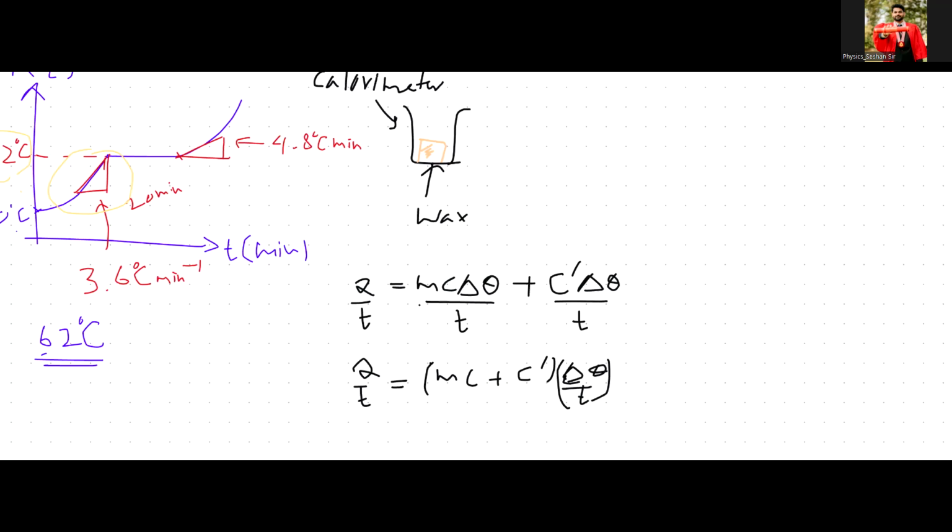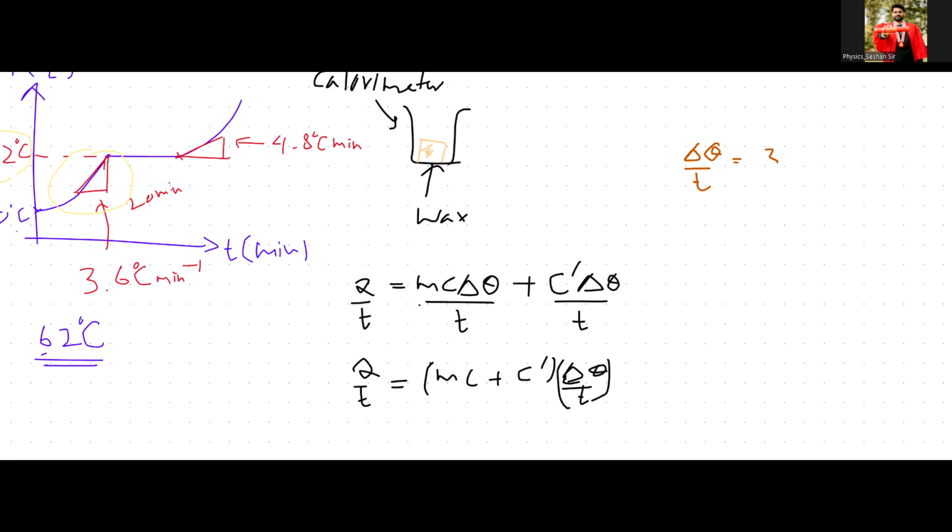Delta theta over t is 3.6 Celsius per minute.